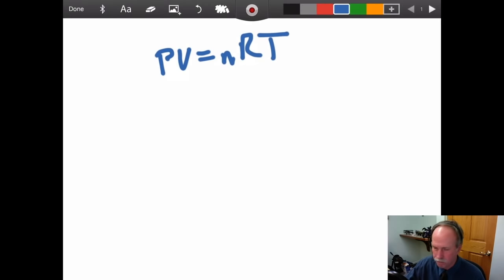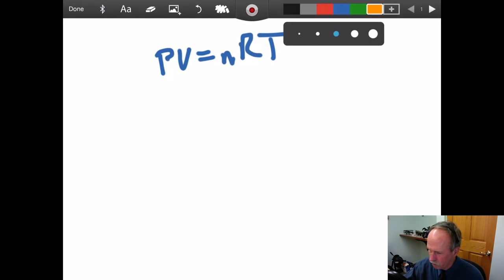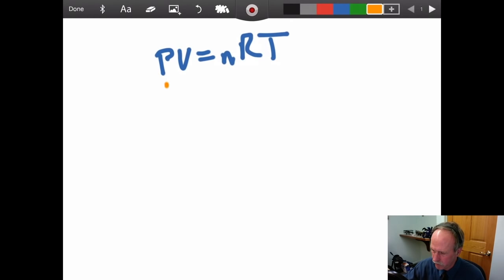Let's set this problem up. We're going to start off with the ideal gas law, PV equals nRT. Recall that we want all of our variables on one side of the equation and all of our constants on the other. So what are the variables here? P and V, all right.